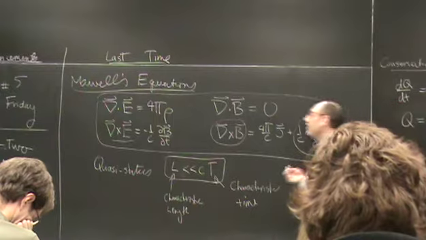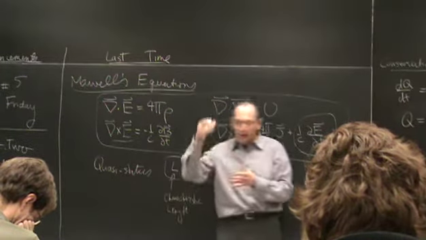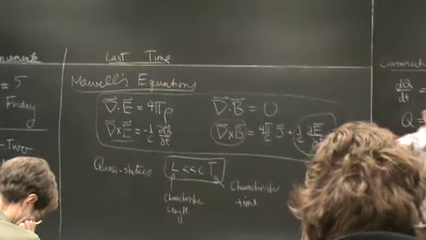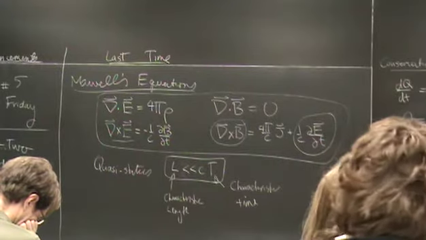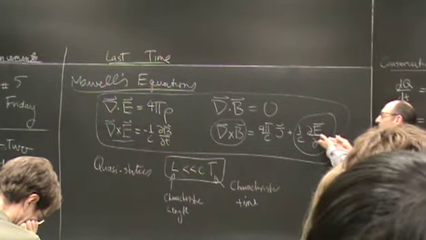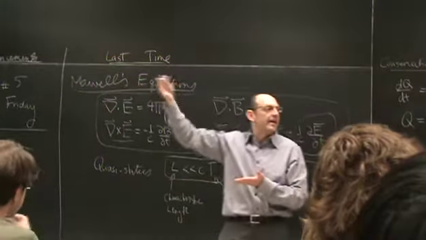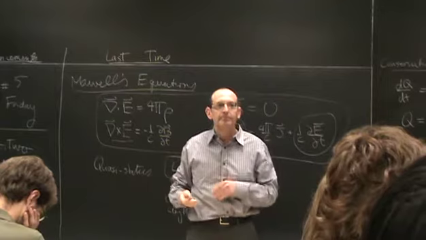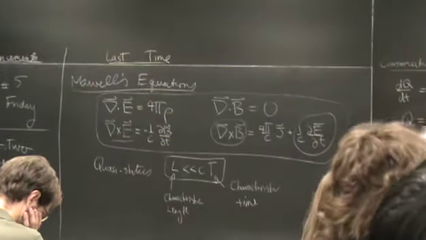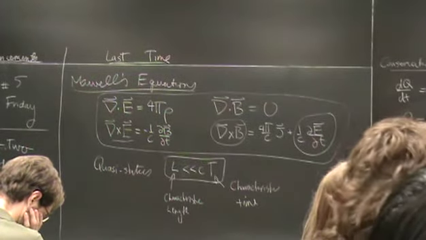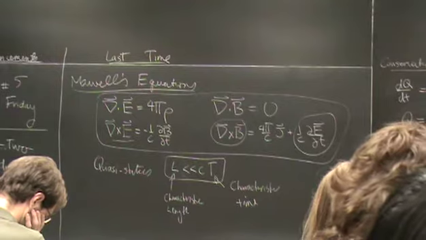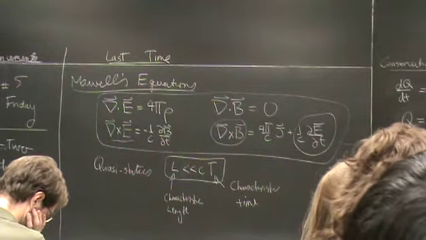So even if our charges are moving at non-relativistic speeds, we still have the displacement current, and that shows up in terms of electromagnetic radiation. Okay? So, of course, we'll spend the latter half of the semester talking about waves and radiation.